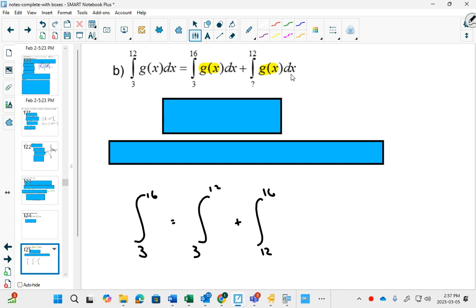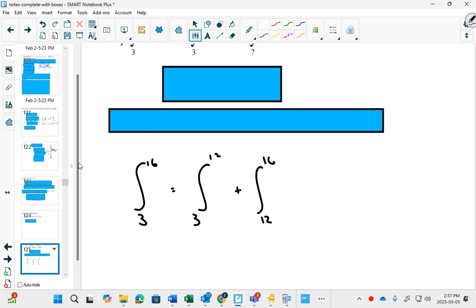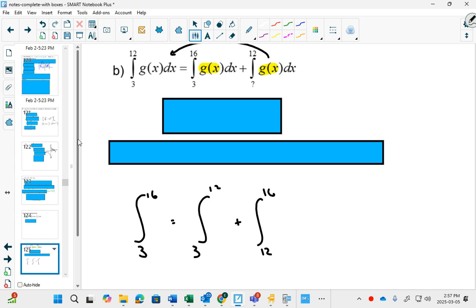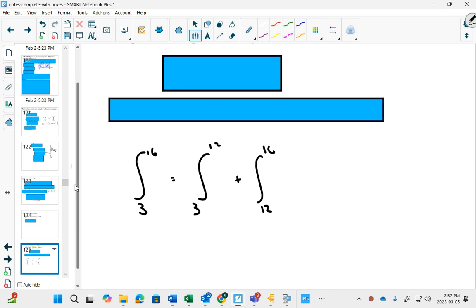So if I move this whole thing over to this side, do you see that you would have the 3 to the 16 all by itself, like I have down here? I'd have a 3 to the 12, but instead of plus, I would have, I'm just sort of visualizing here, I would have 3 to the 12, but then I would have minus, and I have the 12 here, and the question mark down there. See how that's related?